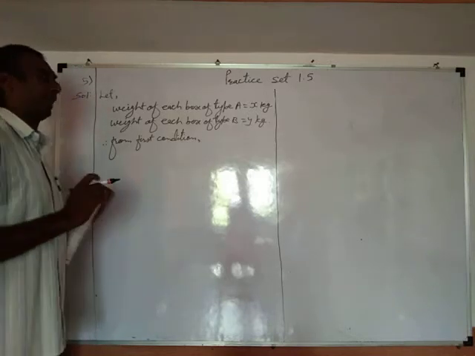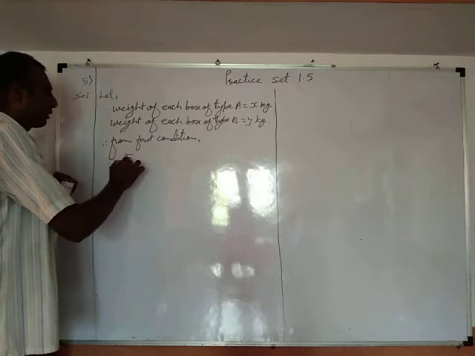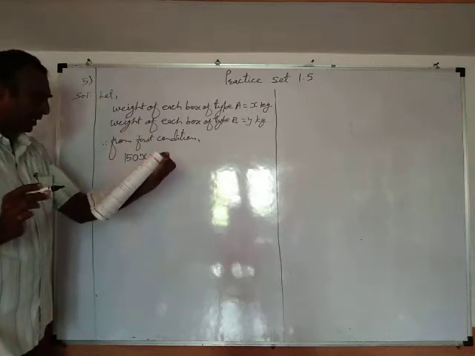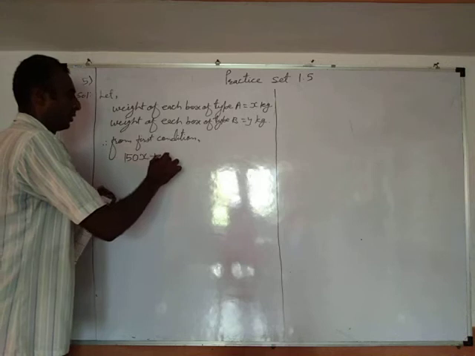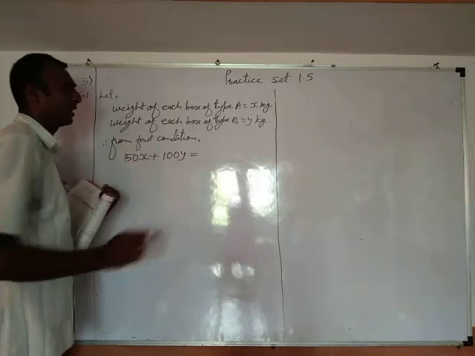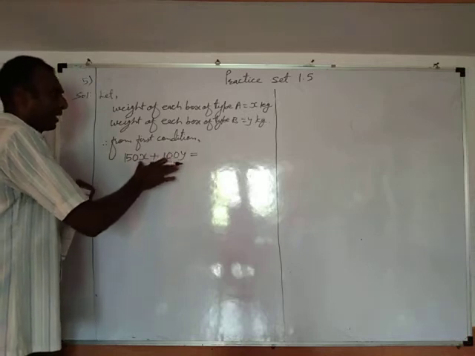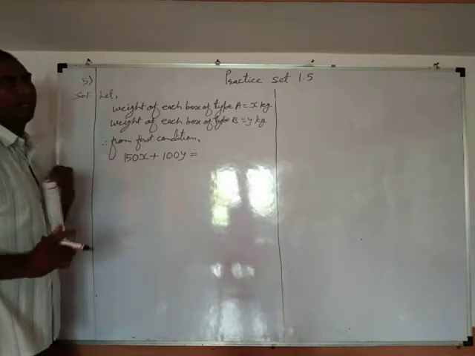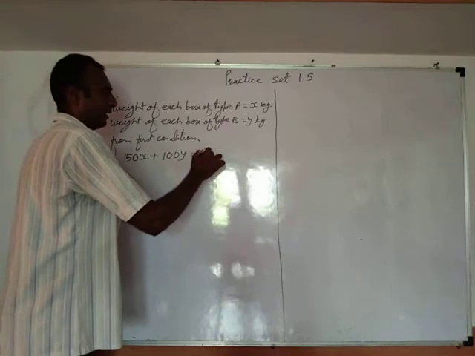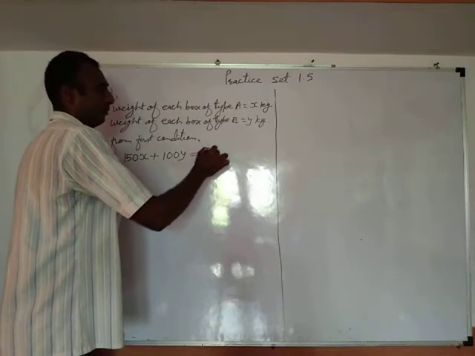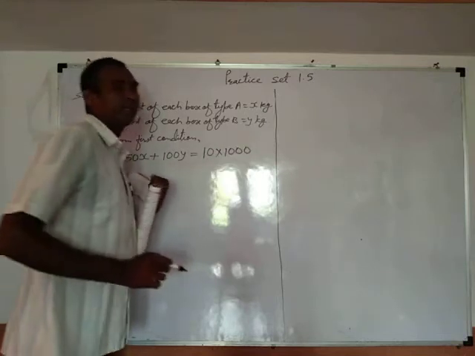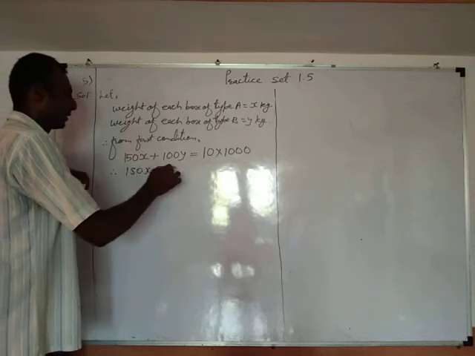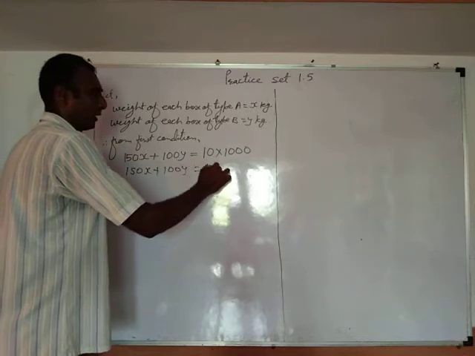Therefore the weight of 150 boxes of type A will be 150x plus the weight of 100 boxes of type B will be 100y, and the sum equals 10 tons, that is 10 into 1000 kg, 10,000 kg. Therefore 150x plus 100y equals 10,000.